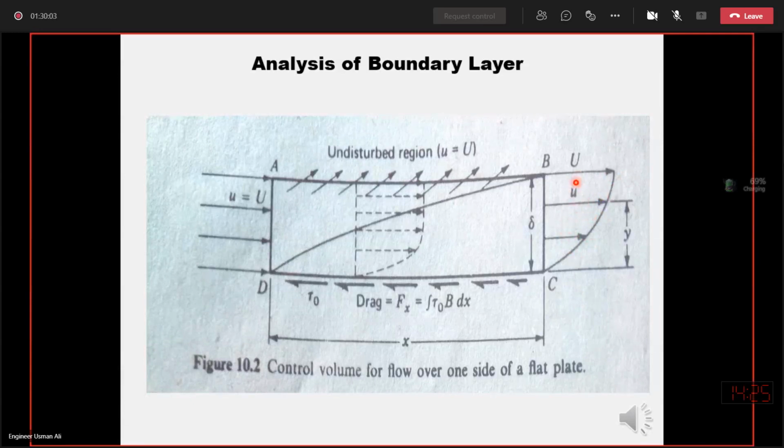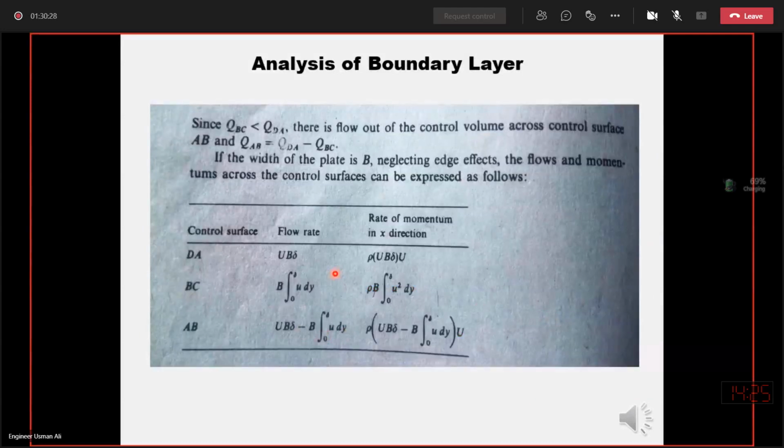The differential flow rate dq will be u into dy, and the flow rate for the entire thickness del will be the integration of dq, that is capital Q equals the integration of u into dy, into b. So the flow rate for the control surface BC will be b into the integration from 0 to del of u into dy.